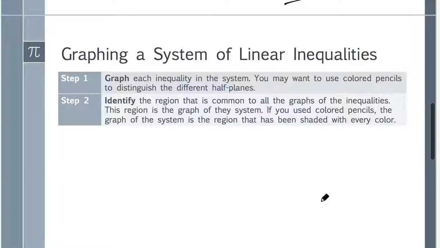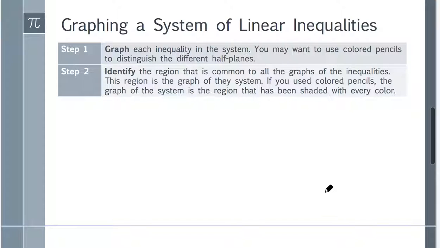So how do we do this? We're first going to graph each inequality in the system. I recommend using colored pencils to distinguish between the different shadings. What you're looking for is the overlap of the different colorings. If you don't use colored pencils, you just have to be very careful. Shade one direction and use another direction for another graph.